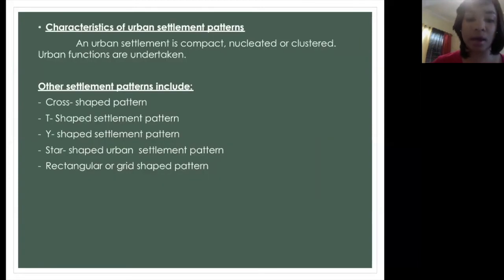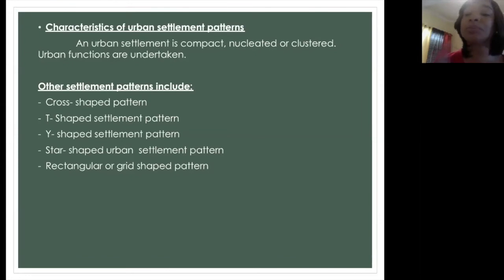Some of them include your cross-shaped patterns. You could almost imagine what a cross-shaped pattern would look like. Then your T-shape settlement pattern, you have them that look like a Y-shape, ones that look like a star-shape, and those shaped as a rectangle.